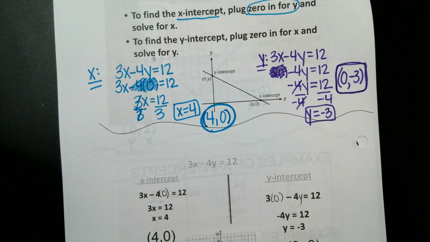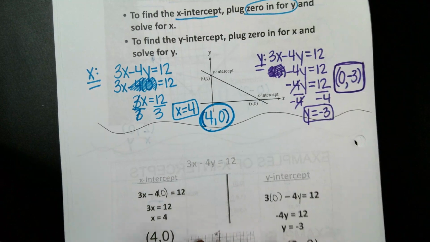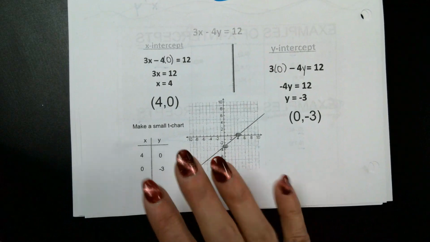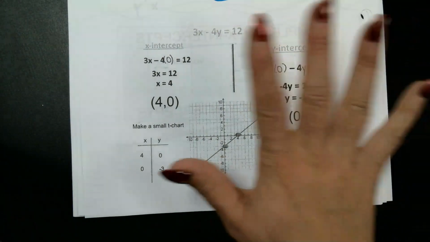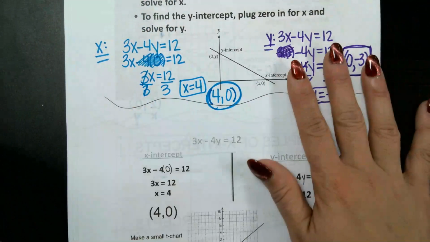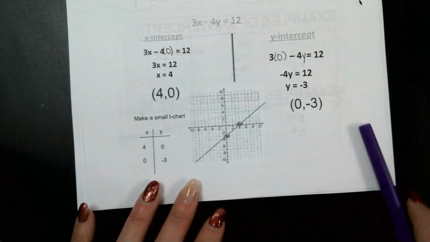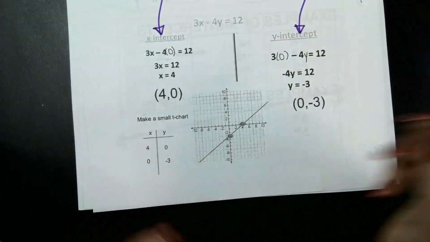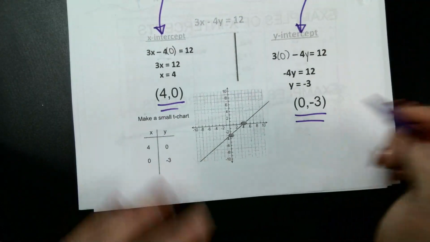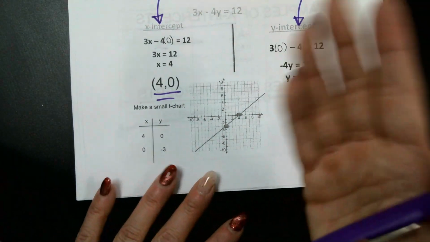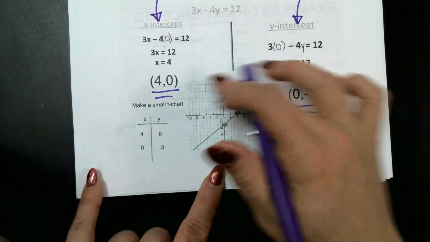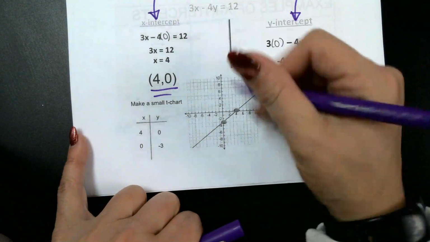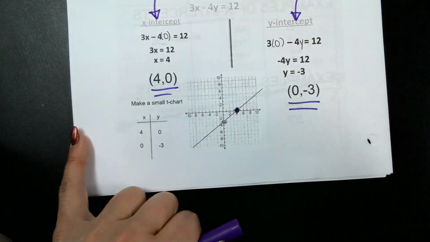So when you guys look down at the bottom, they're just showing you the exact same work that I just showed you. I wanted you to see it actually worked out first, and then you just know that down here, I showed it again. So that way you guys could see it twice, okay? And then the benefit of doing that is that if I gave you a blank graph, all you guys would have to do is go to the 4 on the x-axis, and you would plot that point.